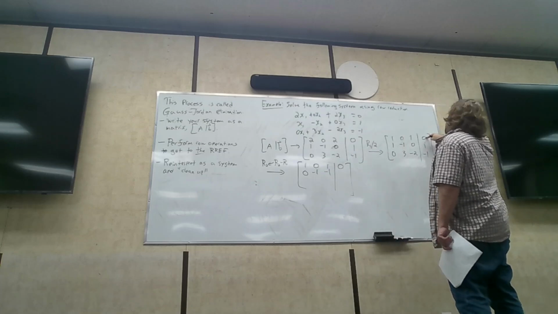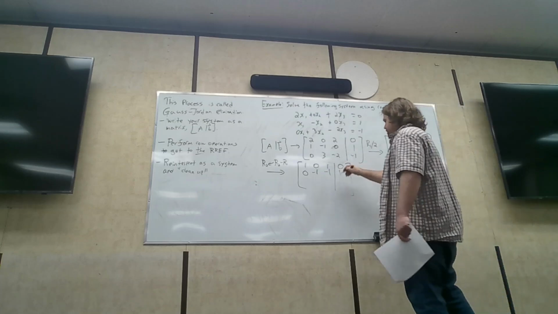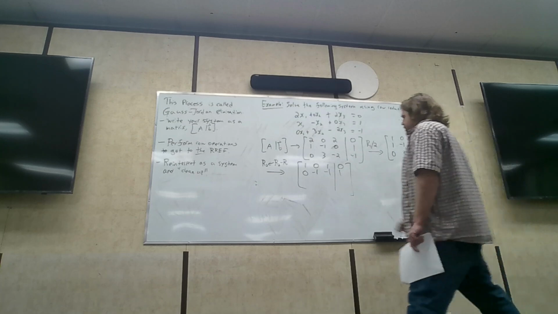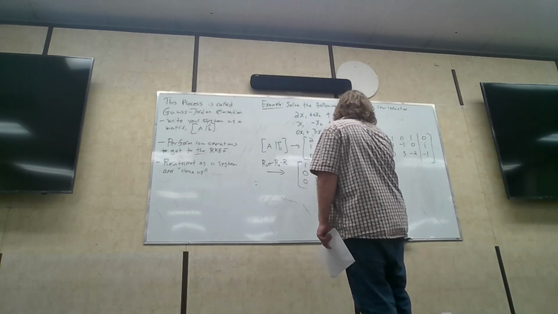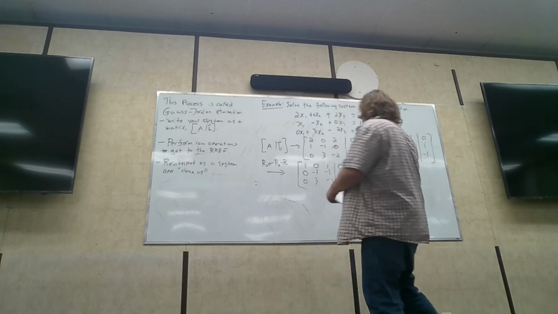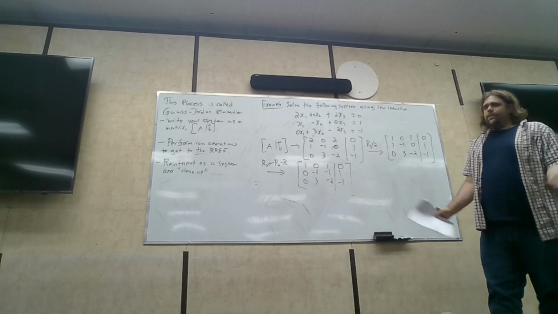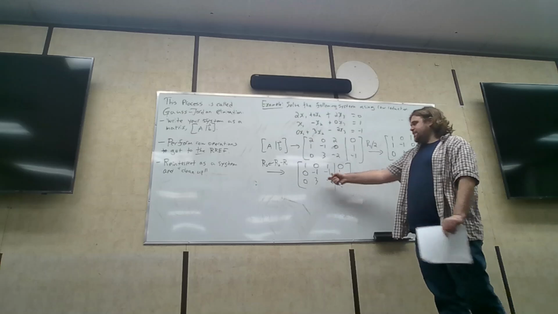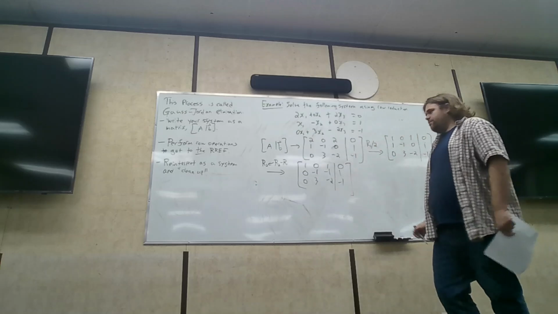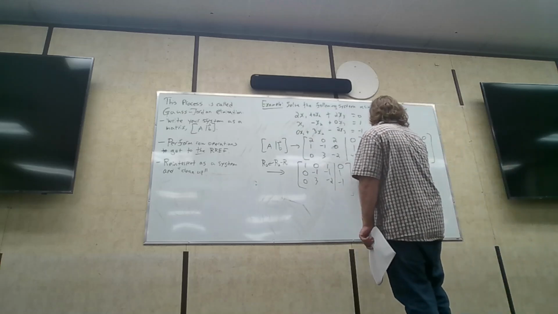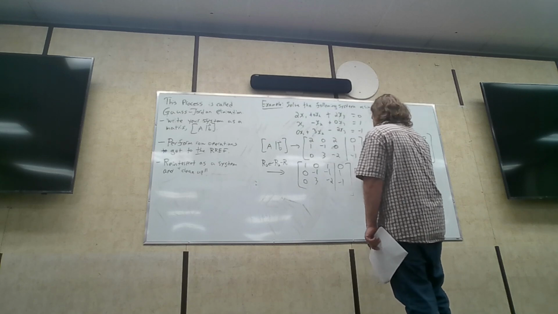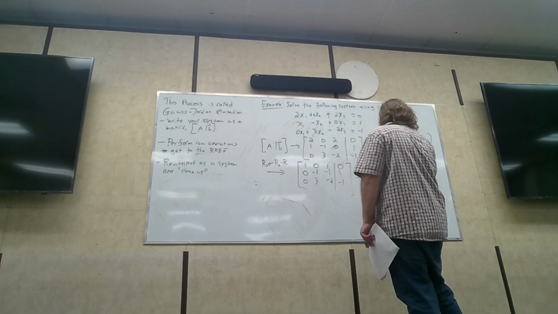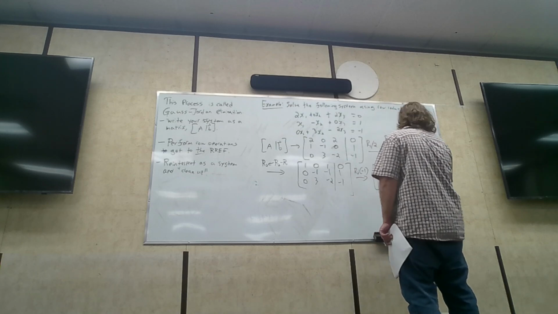And then we're going to subtract 0 from 1, so we get 1. All right, well, this is working out pretty well. And this stays the same. 3, minus 2, minus 1. Well, now it's pretty easy to create a 1 in the second row. Just multiply by minus 1. So row 2 times minus 1. 0, 1.